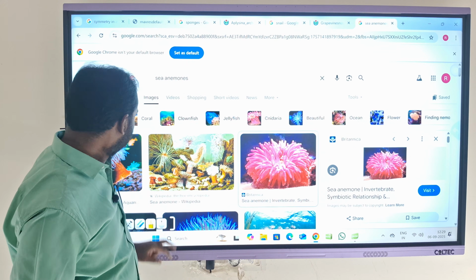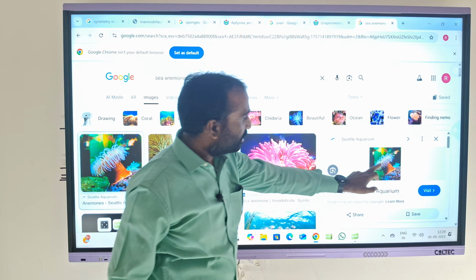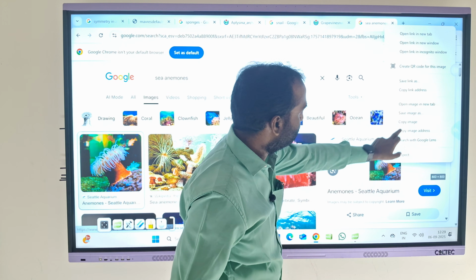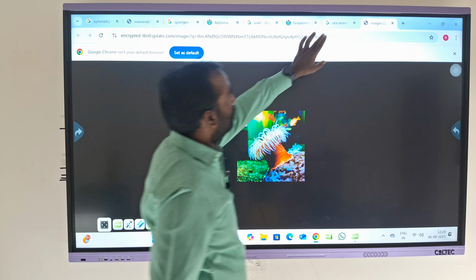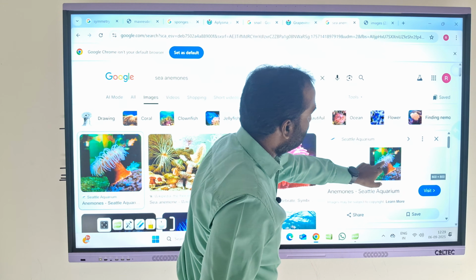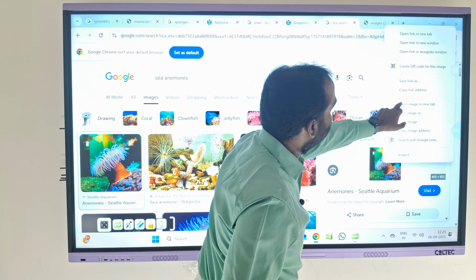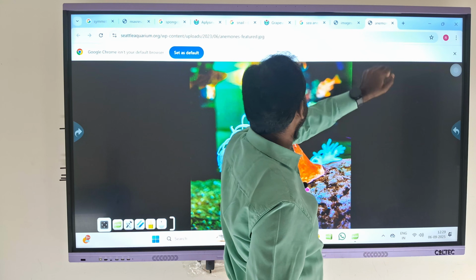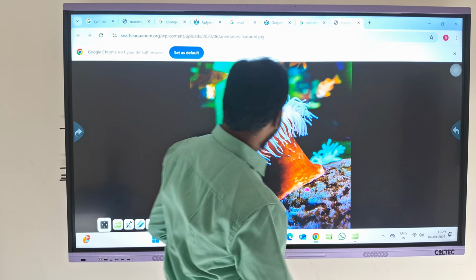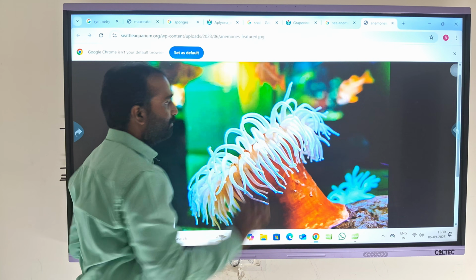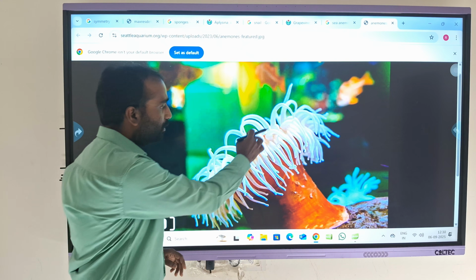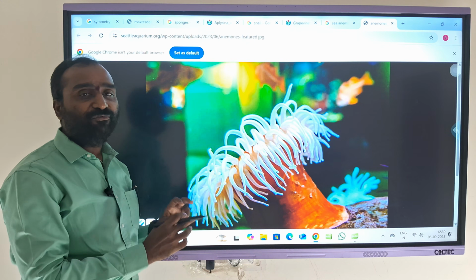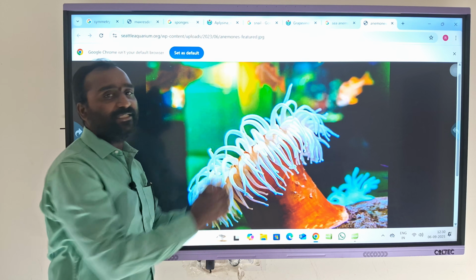Here, if you check it out, this is what? Sea anemone, and this sea anemone exhibits radial symmetry. Then how is it? Am I clear? As we discussed, from the midplane or the mid-axis we get many planes.